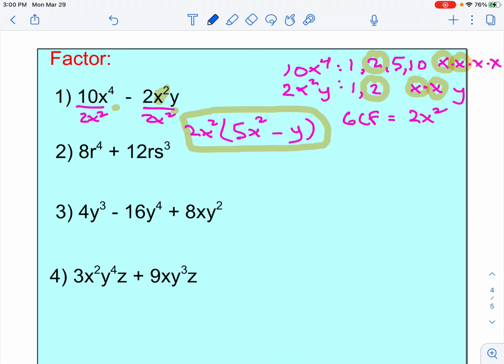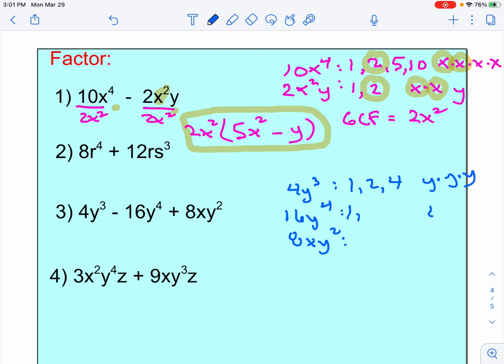Again, we need to find the greatest common factor of 4y to the third and 16y to the fourth and 8xy squared. So I like to list the numbers first, 1 and 4 and 2 times 2. And then I have 3 y's.